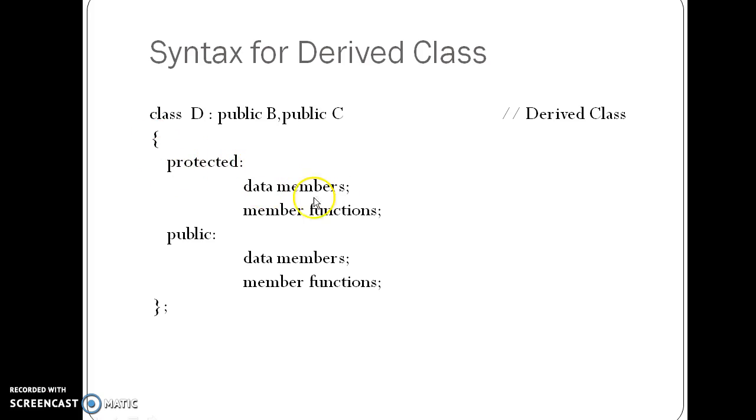Under the protected, data members and member functions are there. Under the public section, data members and member functions are there. And finally we close the curly bracket by giving the semicolon.